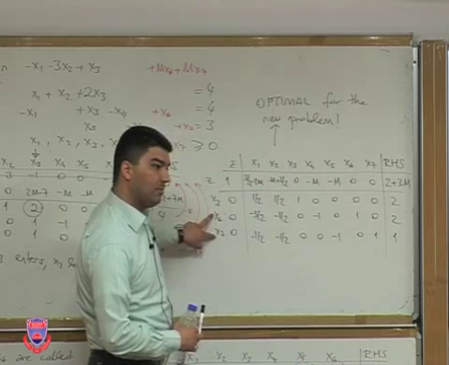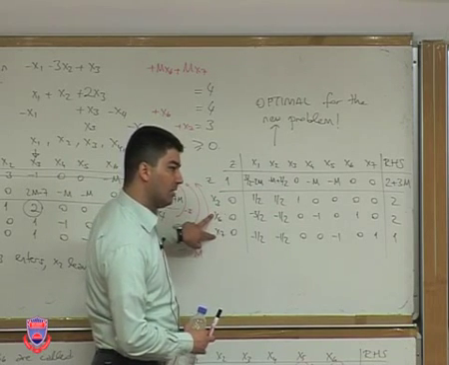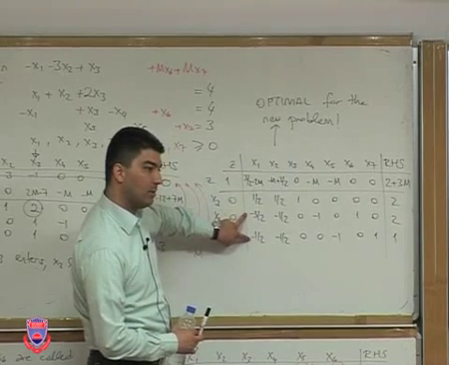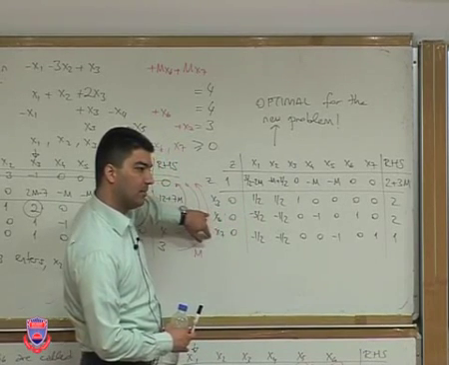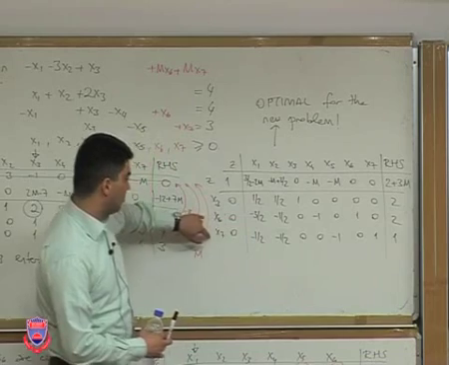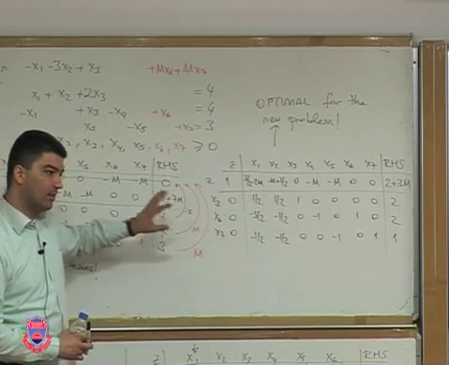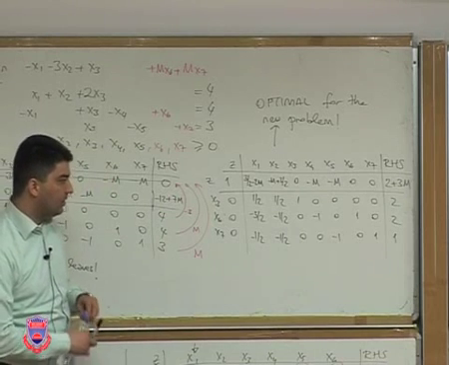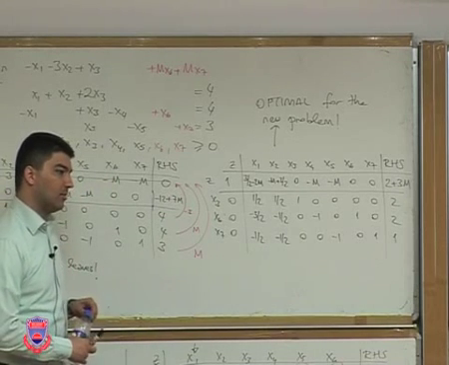So they will still be in the basis. There's no minimum ratio here, right? Similarly, if I want to increase x1, again, there's no minimum ratio here. So these variables will always stay in the basis. There's no way I can get rid of x6 and x7, so they will always be there.